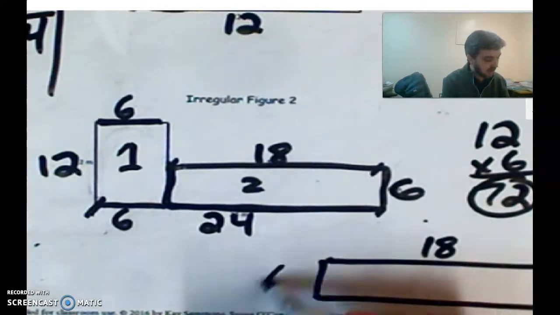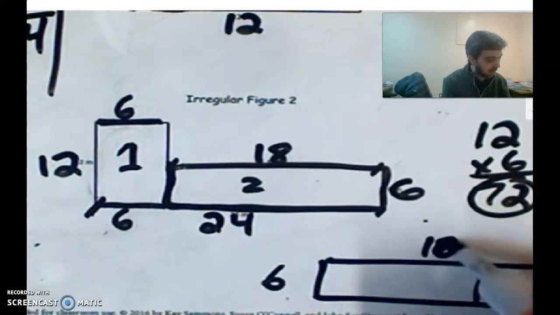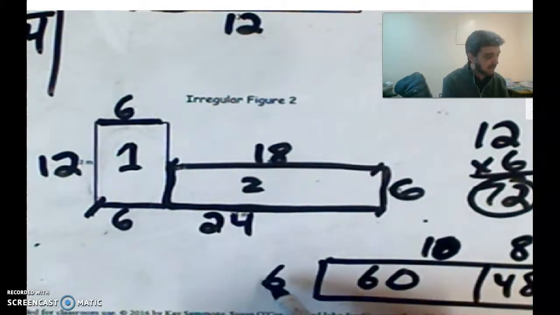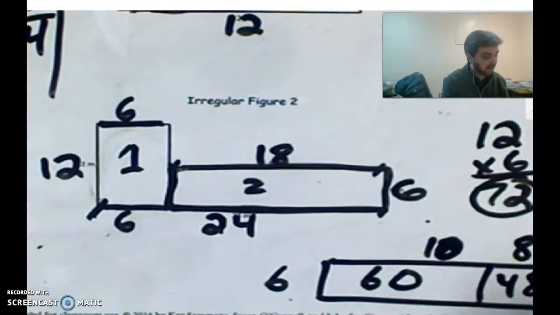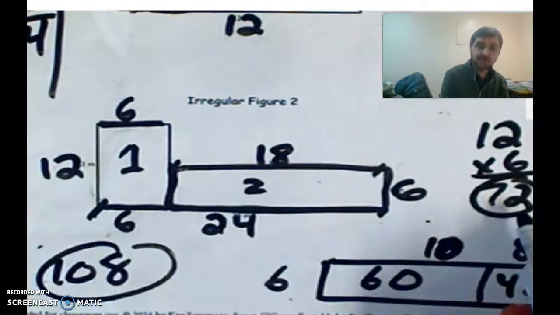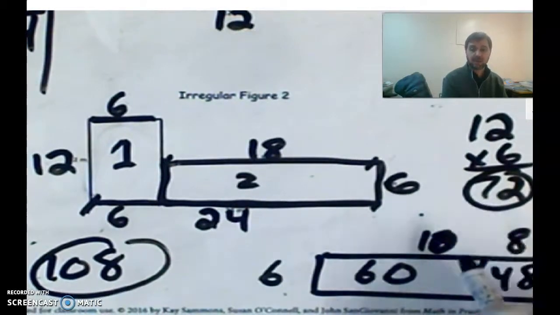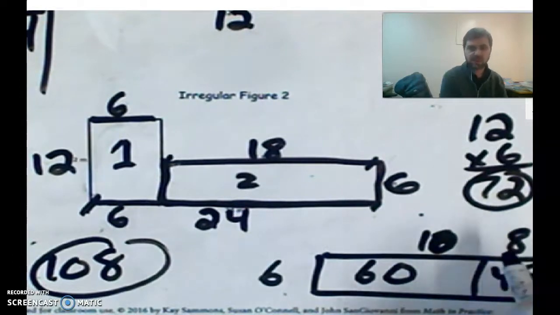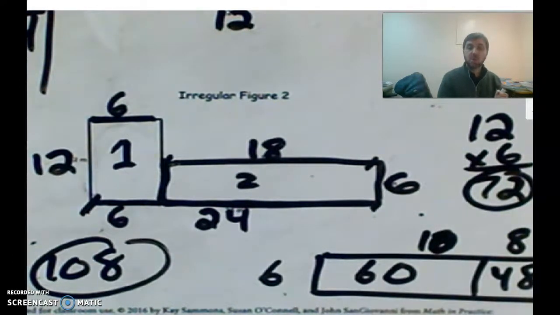And actually, if we use our area model, make that 10 and 8, that becomes 60 and 48. 60 plus 48 is 108? Okay? So if we add 108 to 72, we'll get the area, which is 180 square units.